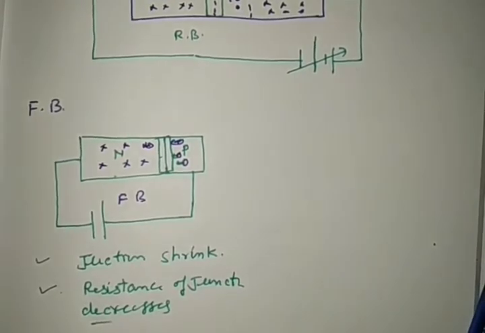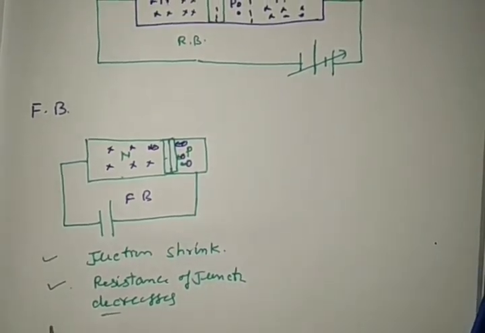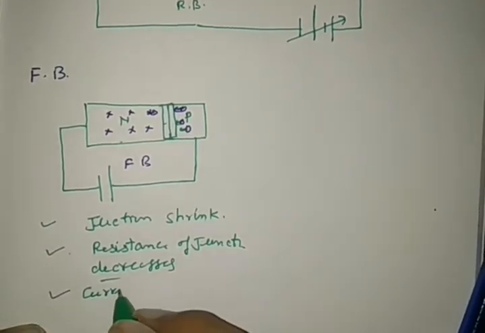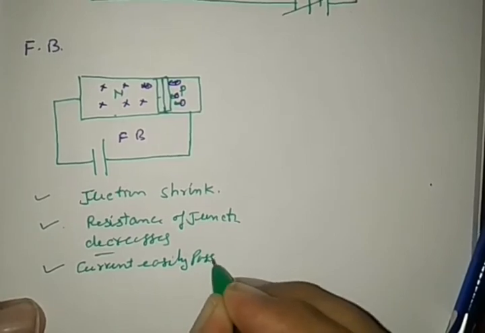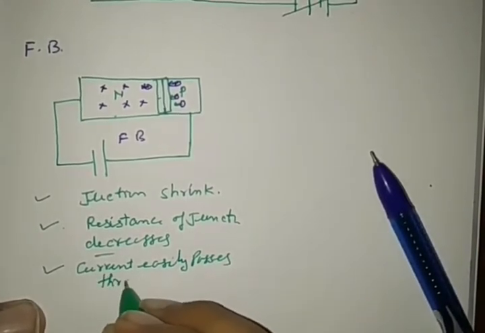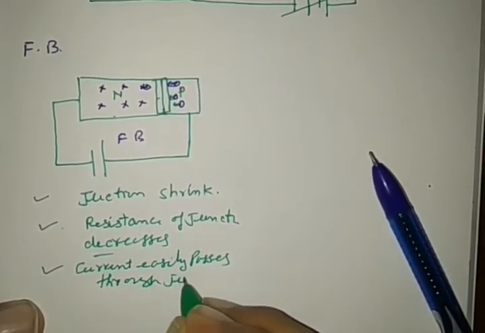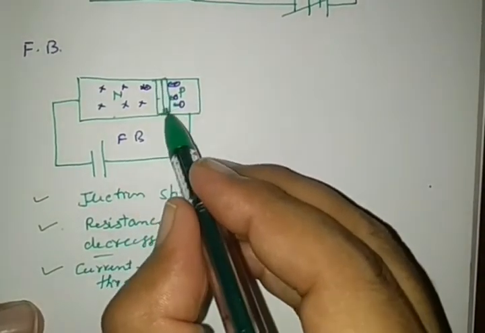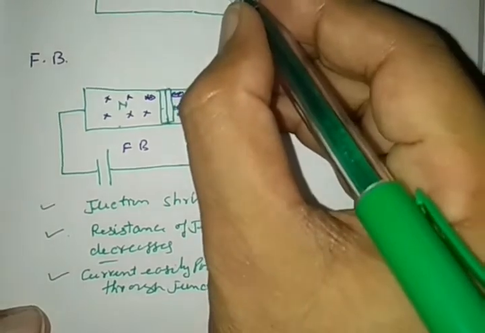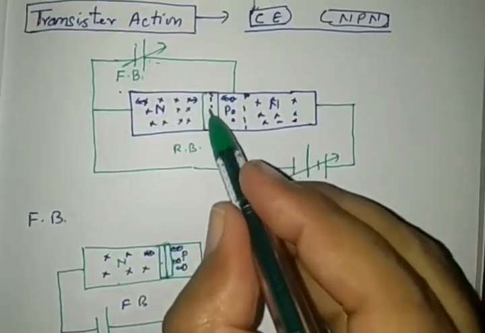When the junction resistance decreases, what happens? Current easily passes through the junction. So this junction becomes very small in size.